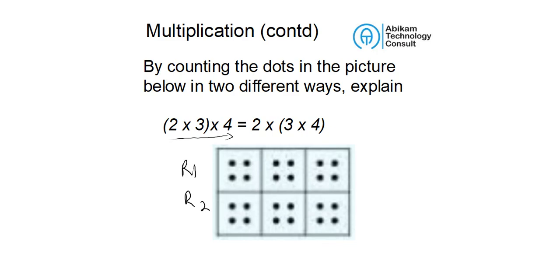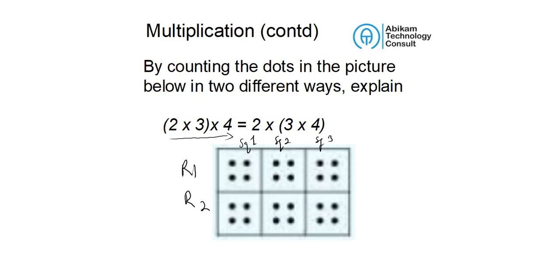Square 1, square 2, square 3. So I can easily say, just like we did in the commutative property, 2 rows by 3 columns. So 2 times 3. Then I realize that 2 times 3 will give us the number of squares we have.